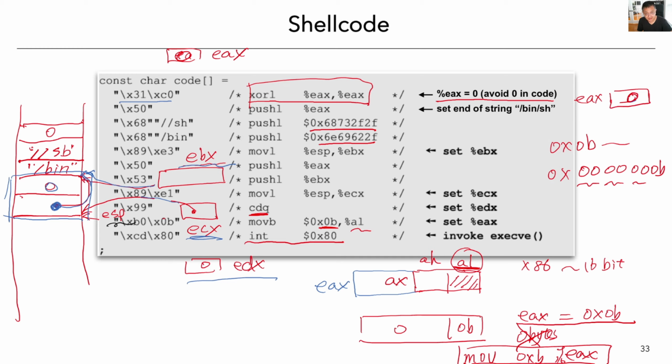The key to understand this piece of shellcode is to understand that when you push something to the stack, your ESP always points to this memory location. So if you push the string to the stack, the ESP will contain the address of the string, right?